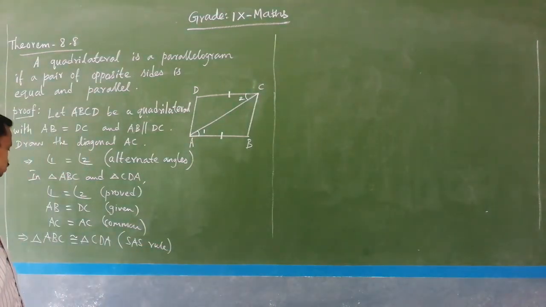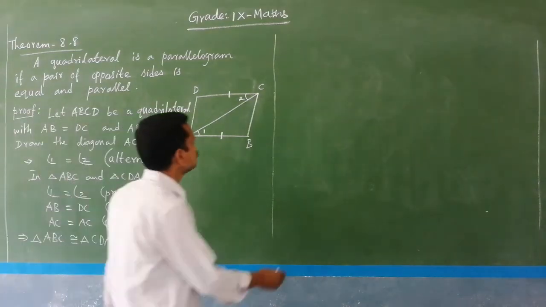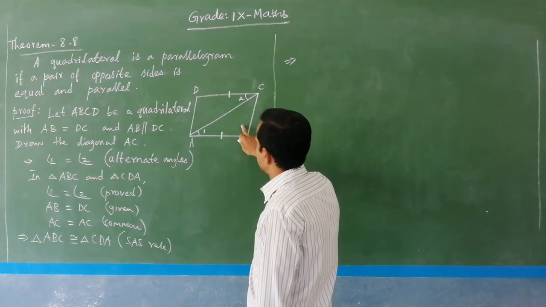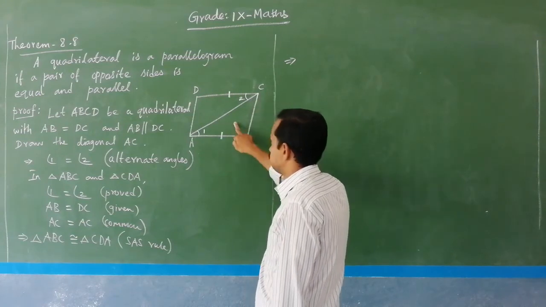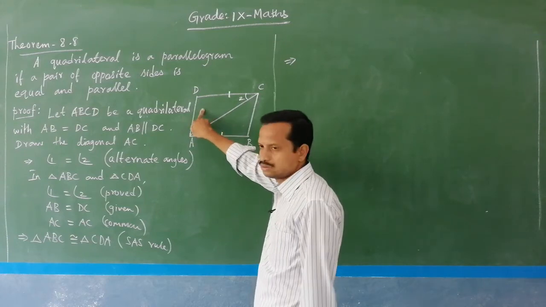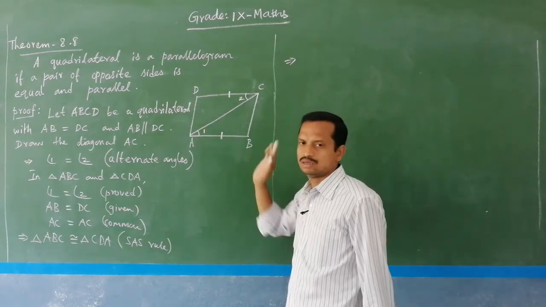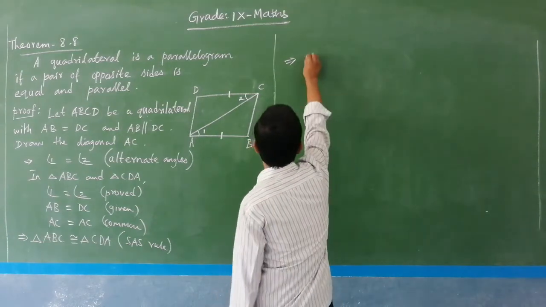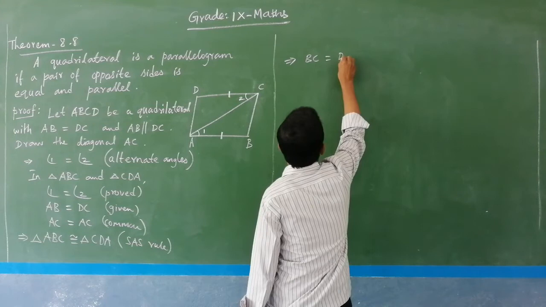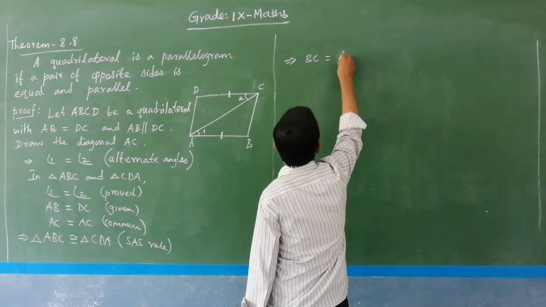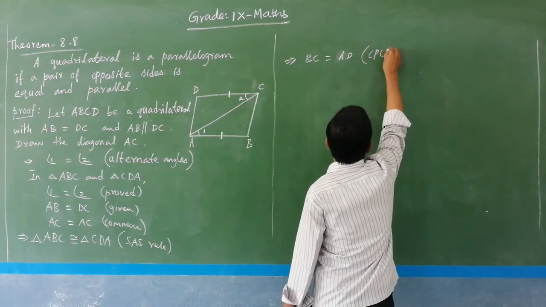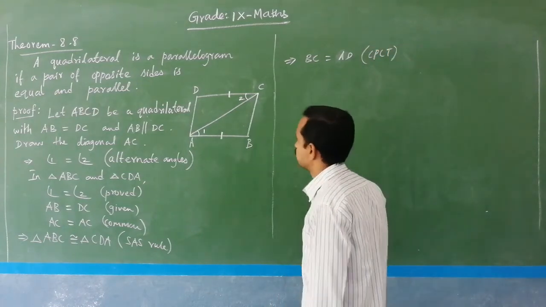After saying congruent, we can say BC in triangle ABC and AD of triangle CDA will be equal by CPCT. So, BC is equal to DA, by CPCT, corresponding parts of congruent triangles.